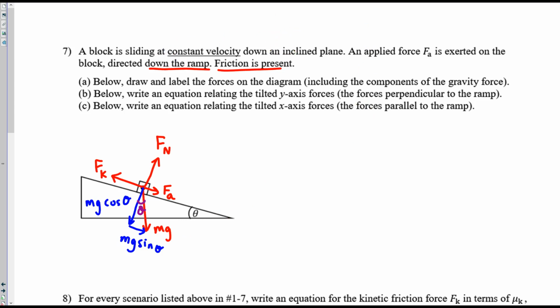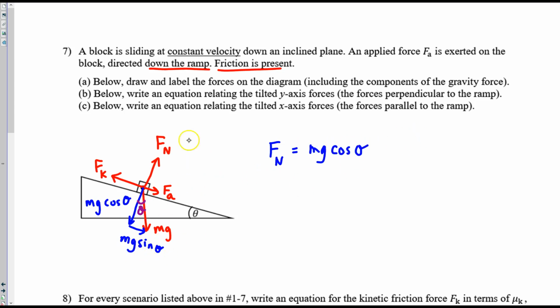Okay, constant velocity now. When I balance up and down, just like we've been doing the whole time, is there an equation here to reveal? No. When I balance up, pointing up along the tilted y-axis is Fn. Pointing down on the tilted y-axis is mg cos theta.